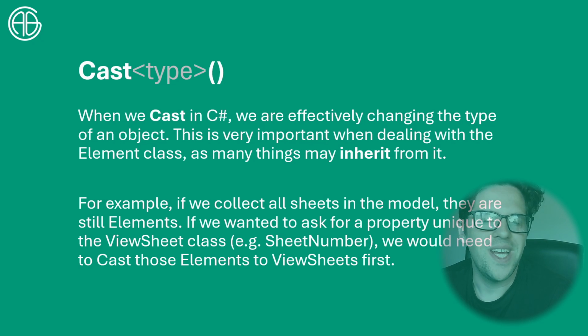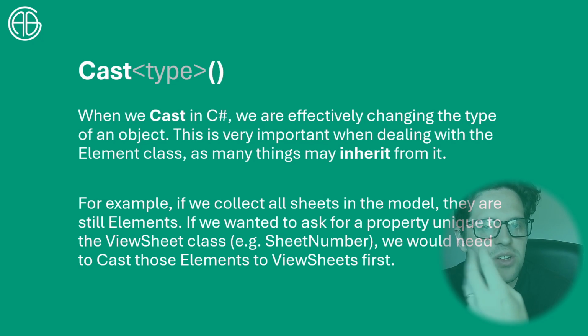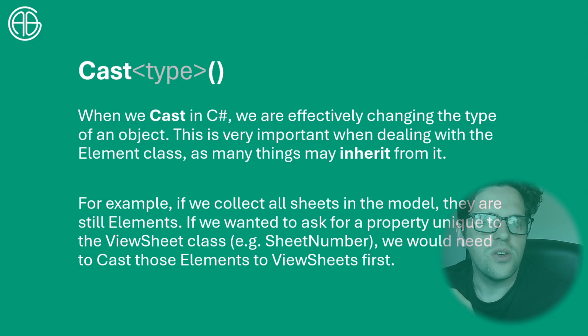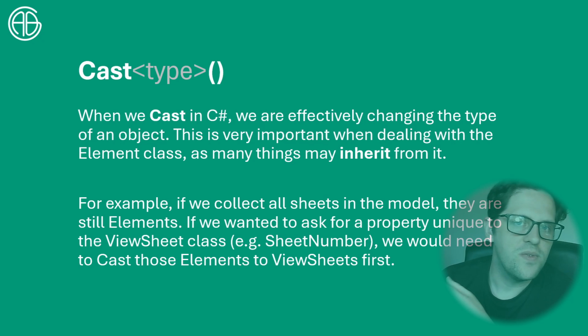When you work with a filtered element collector, you're using elements by default. So if you want to switch over to, say, sheets, even though you've collected sheets, the filtered element collector won't give you back objects of the sheet type. So you have to actually cast the object to the sheet type when you're ready to deal with it as sheets. Let's say, for example, you want to filter it as a sheet. You're going to have to cast it first. So usually the most common step to establish System Linq is you'll take those elements and you'll cast them into something else if you need to.